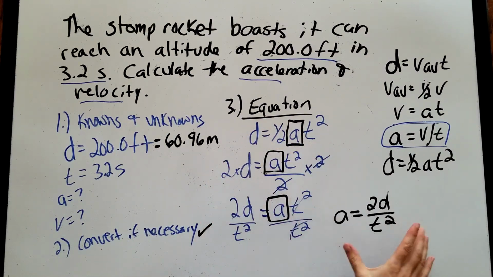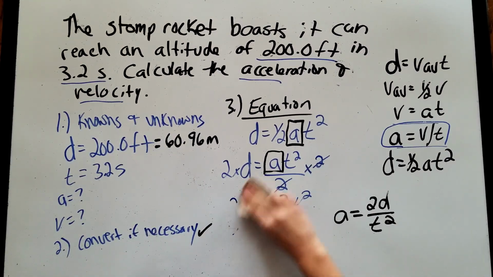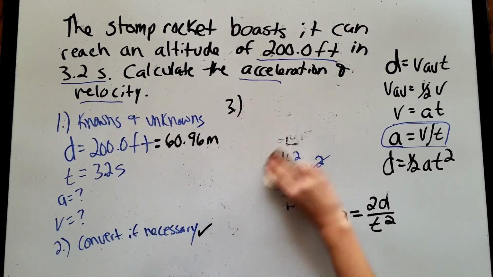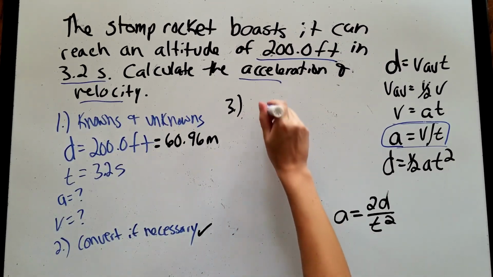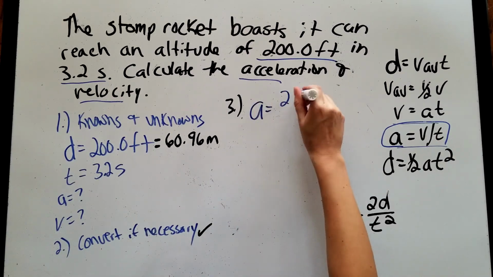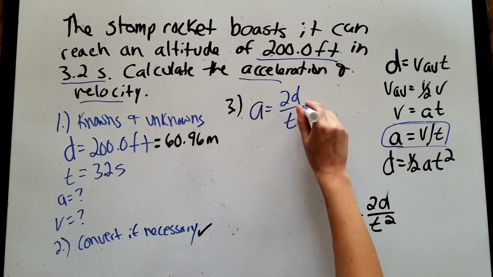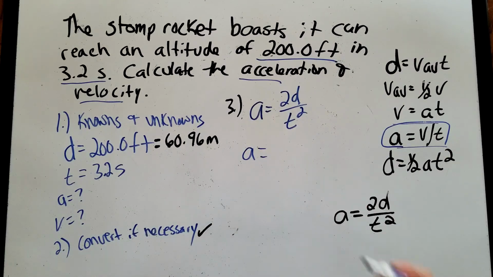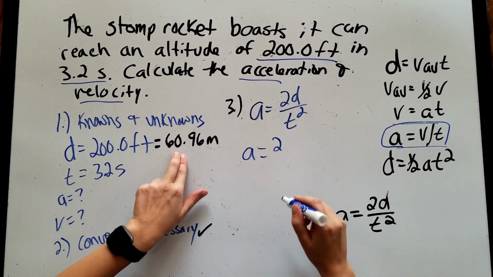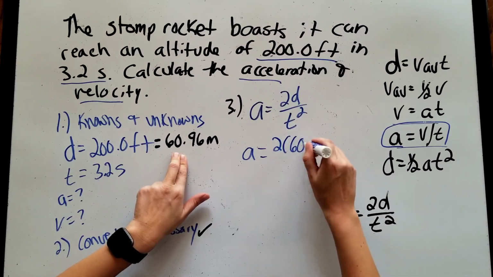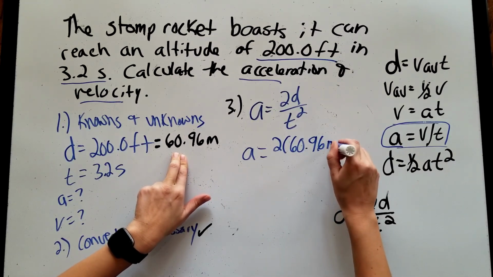So I'm going to erase this, put my equation up there, and then plug in my values. So using my rearranged equation, I am going to take 2 and multiply it by my distance in meters, so 60.96.